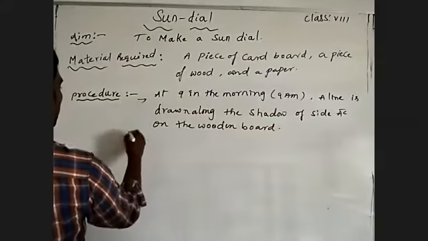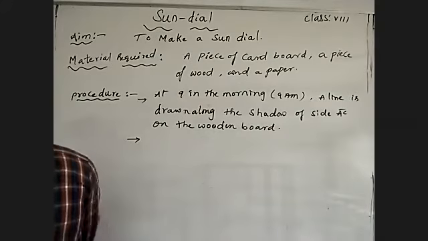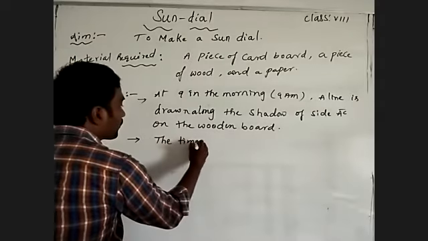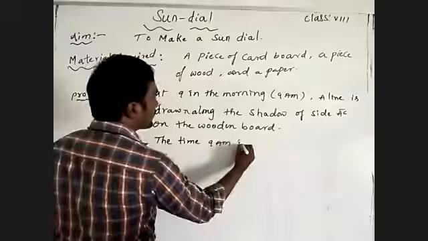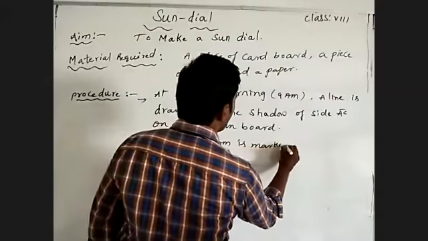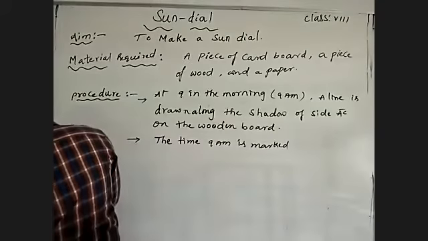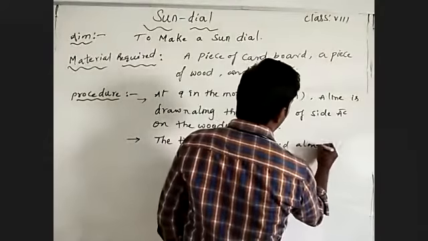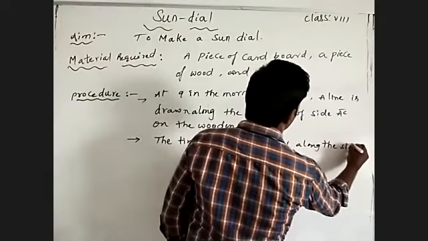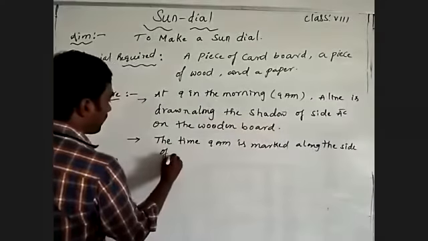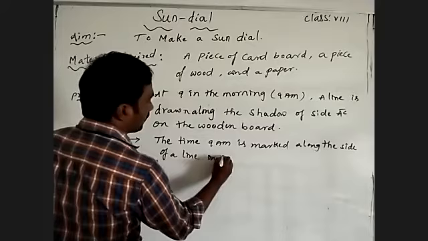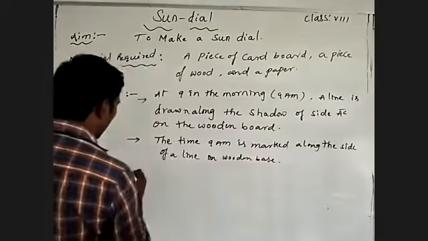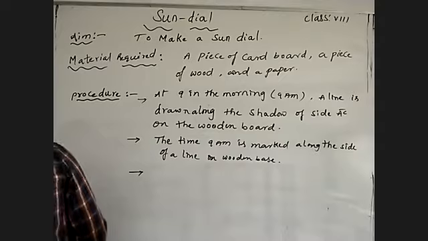And after drawing the eastern line, the time 9 a.m. is marked on the wooden base, marked along the side of a line on the wooden base. See here what I am saying to you.